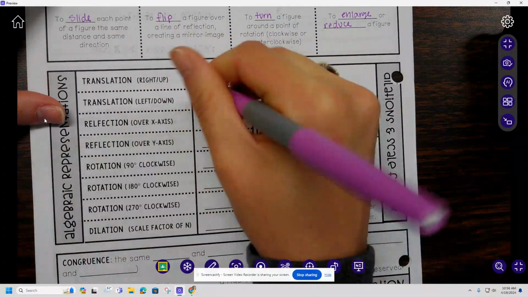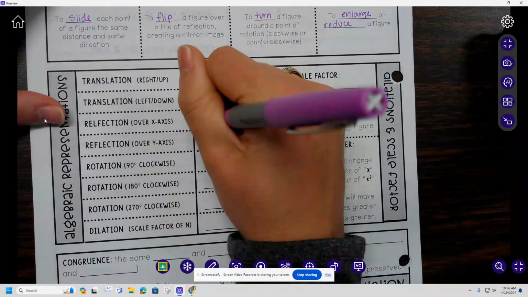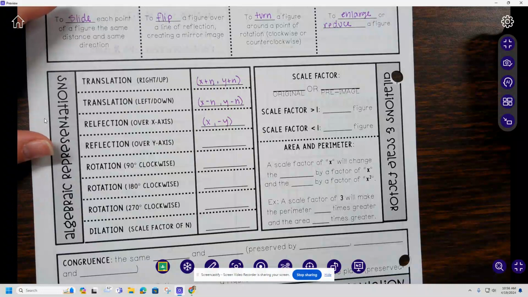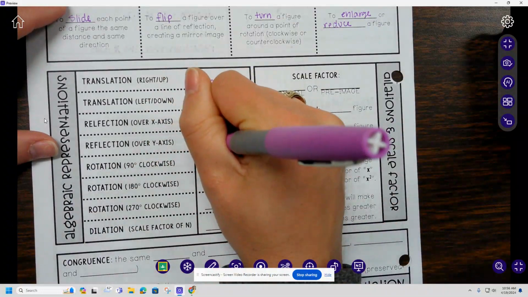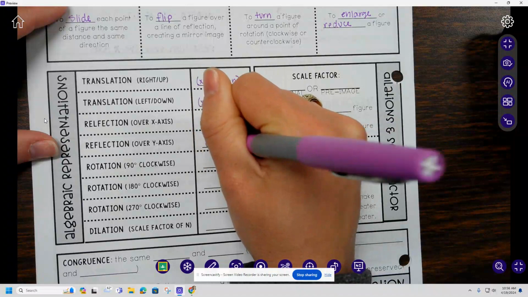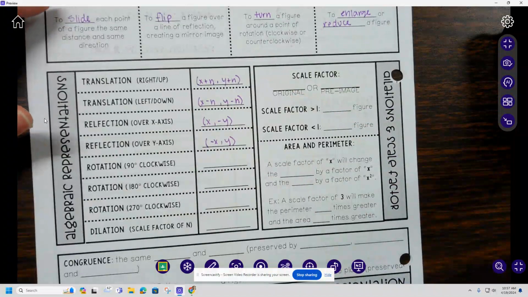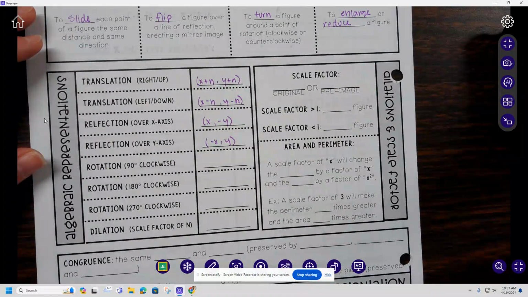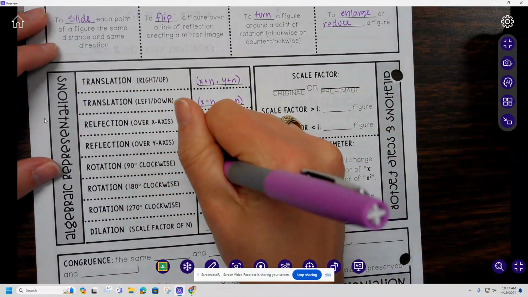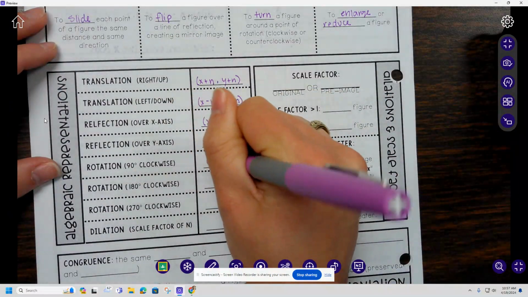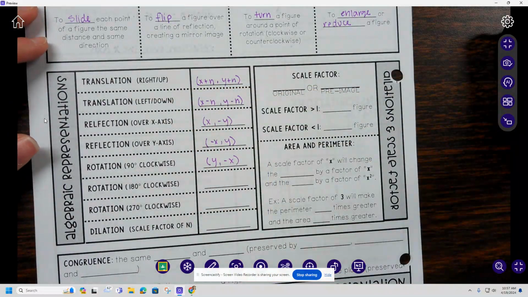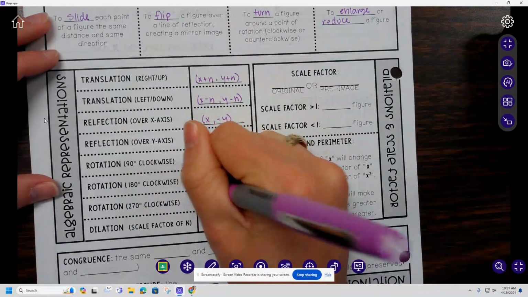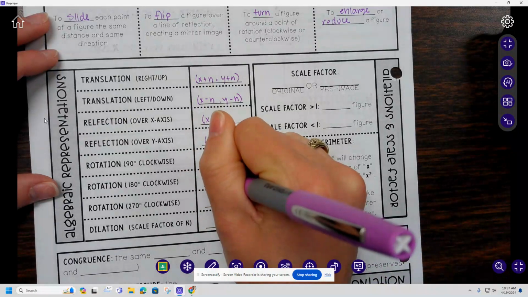A reflection over the x-axis would result in (x, negative y), whereas a reflection over the y-axis would be (negative x, y). Now, a rotation 90-degree clockwise would be (y, negative x), and a rotation 180-degree clockwise would be (negative x, negative y).